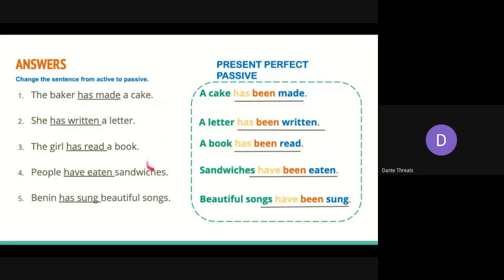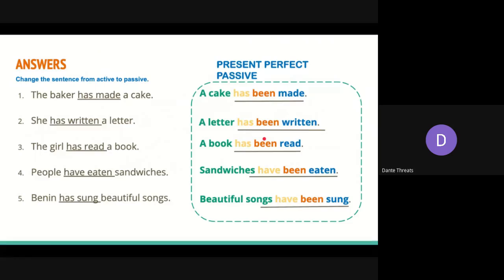Okay. Why? Because we take out the subject, right? And then, yes, we make the object the subject. Yes. And then what do we do? We keep the helping verb. Yes, keep the helping verb. And then we add been, right?